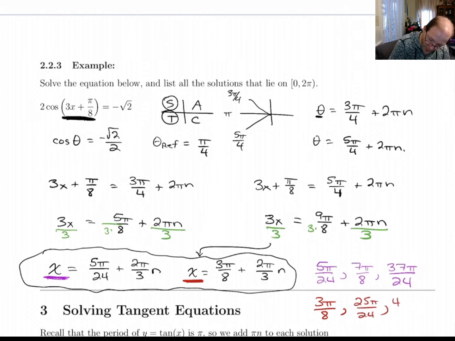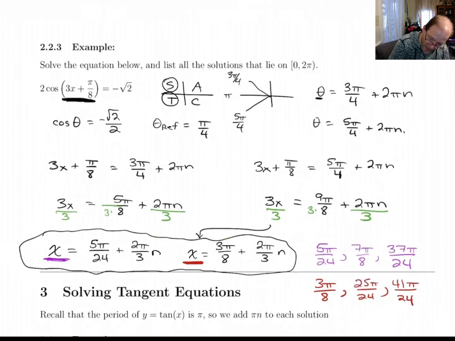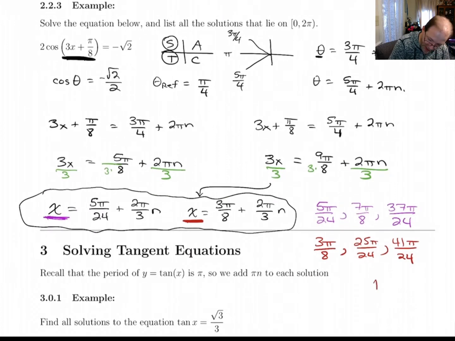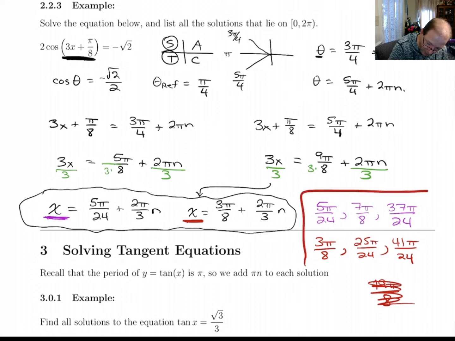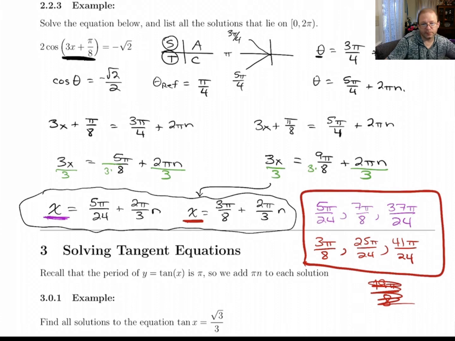Again, gives me 41 pi over 24. And again, gives me 19 pi over 8. And again, that is a solution, but it's bigger than 2 pi, so we're not going to include it in our answer. So those are our 6 solutions. And that's pretty much all there is to solving this.